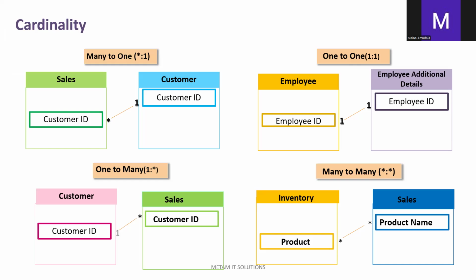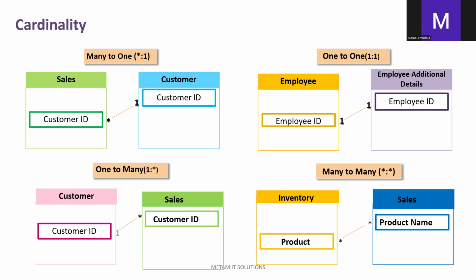So these two columns have a relationship, and these two tables have a relationship. Then we can call it many to many cardinality.